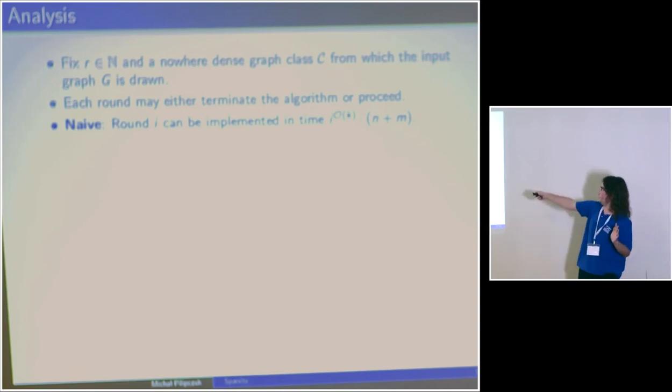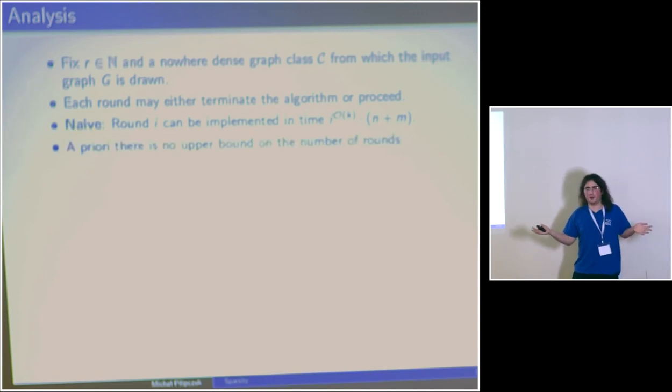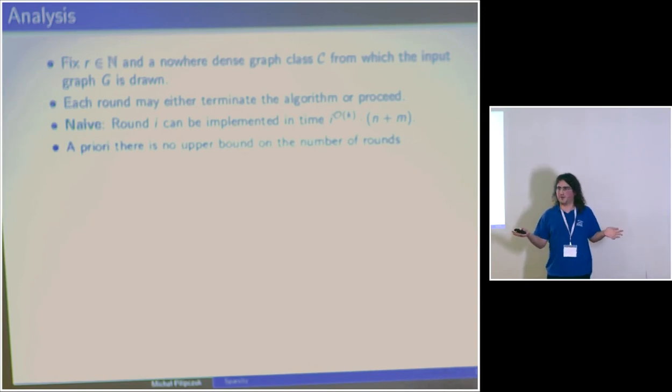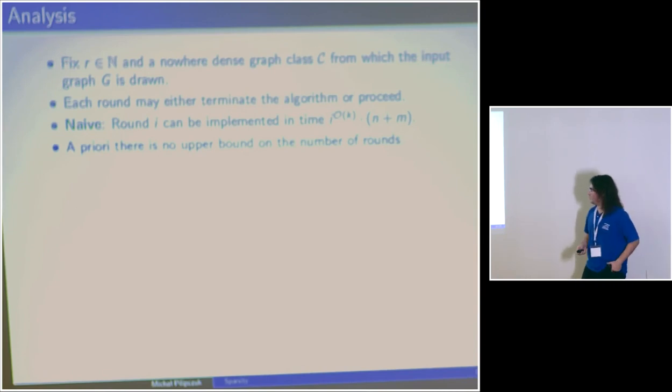So the running time will be like i to the power of order k times linear. Right? Good. However, a priori, this looks really stupid, yeah? Because maybe this algorithm just proceeds with more and more complicated rounds, and I do not have any bound on the running time. Yeah? So now this is where the sparsity magic happens.